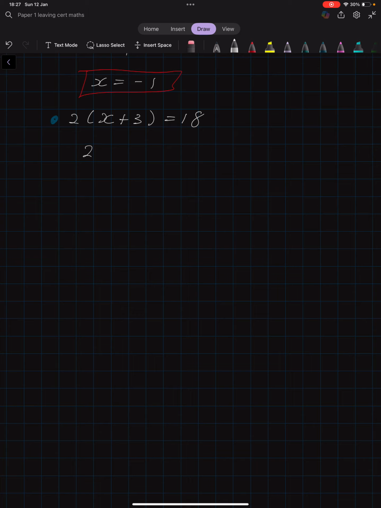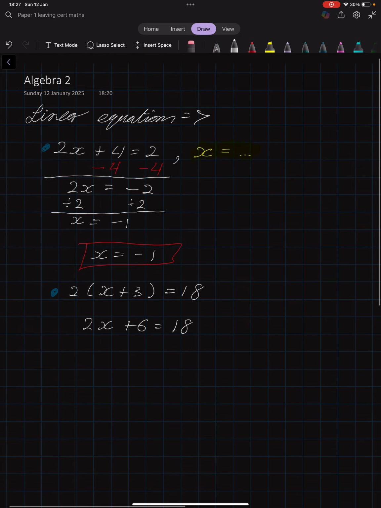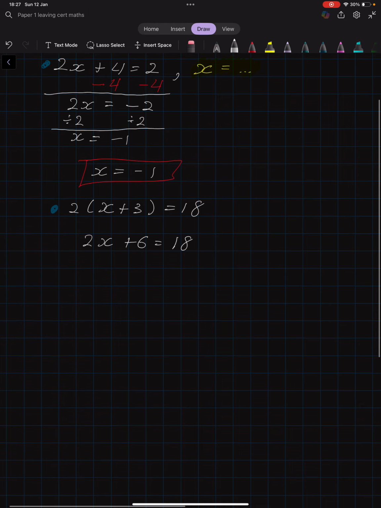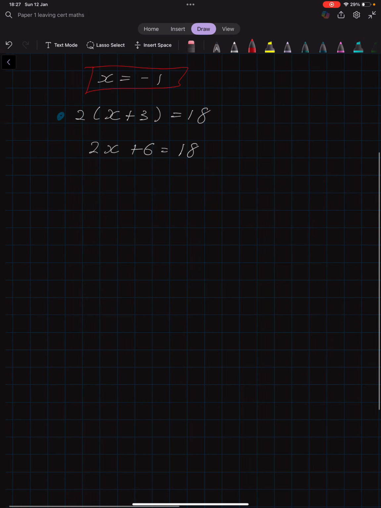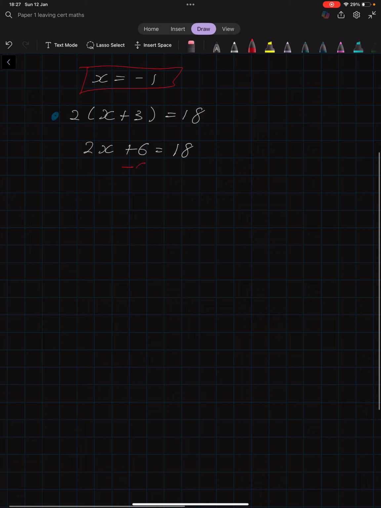And it equals 18. And now all of a sudden we have the exact same thing that we had above, just with different numbers. So again, I have 2x plus 6. I just want x on its own, so I want to minus 6 from both sides. So 2x plus 6 minus 6 is just 2x, and 18 minus 6 is 12.